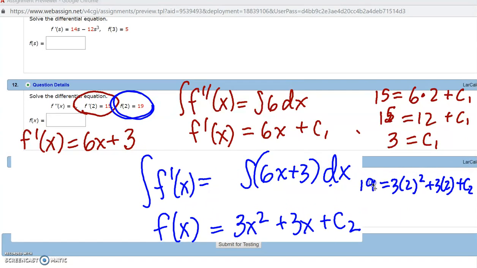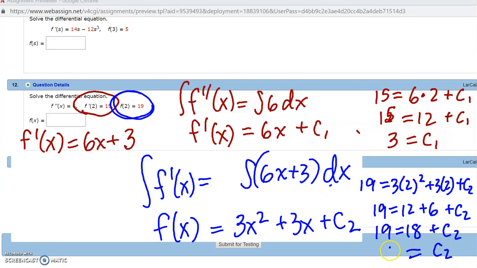There. And so then I get 19 equals 12 plus 6 plus c sub 2. So 19 equals 18 plus c sub 2, which means c sub 2 equals 1.